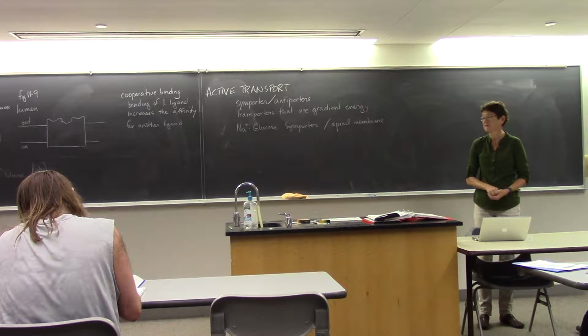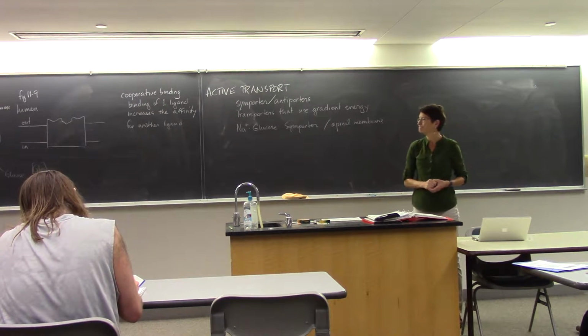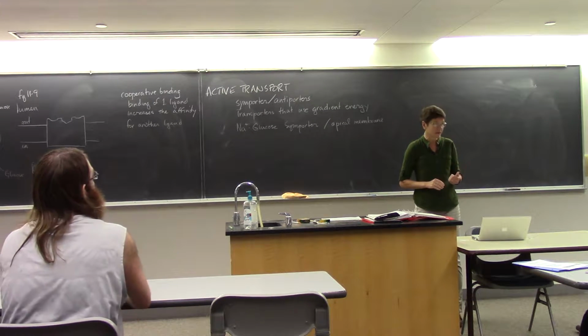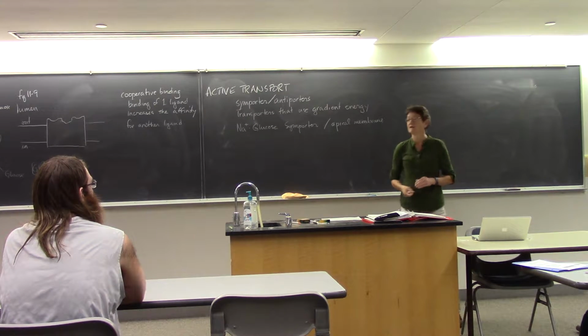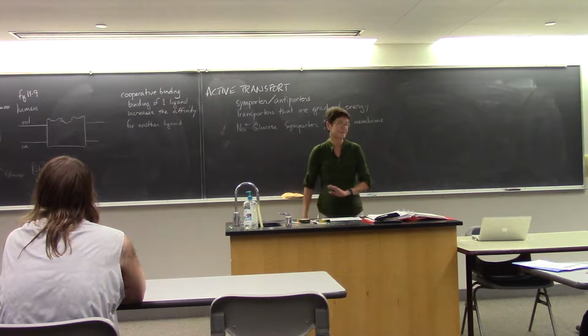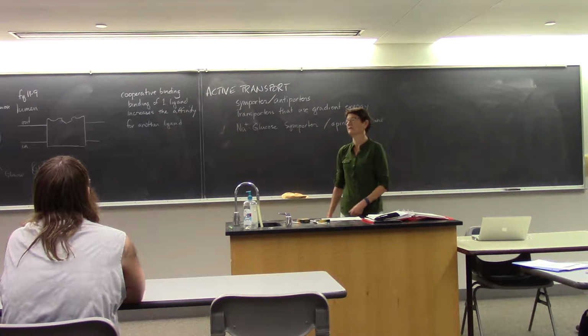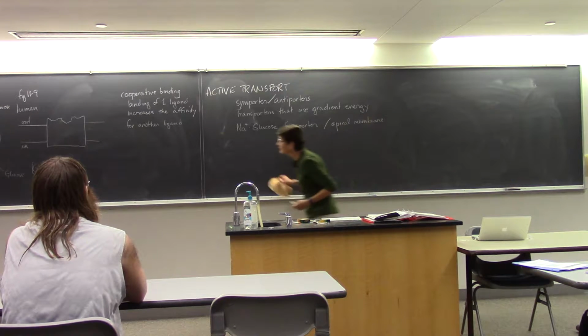So low affinity binding site for sodium and low affinity binding site for glucose. Okay? When a sodium ion binds to the transporter, then the affinity of the carrier for glucose increases a lot, as well as the affinity for sodium increases a lot.